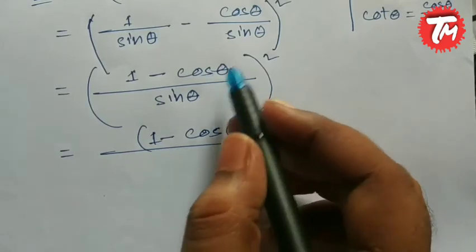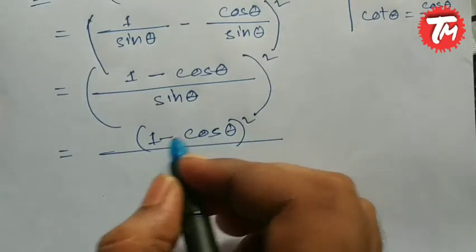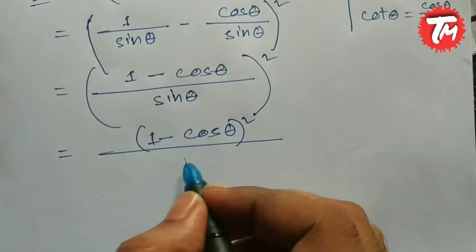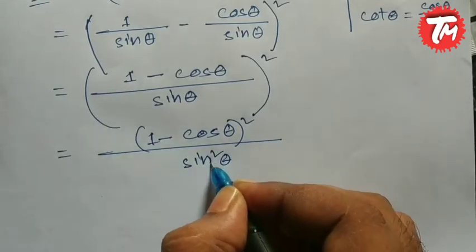Square is on both of these. So you can write 1 minus cos theta whole square divided by sin square theta.